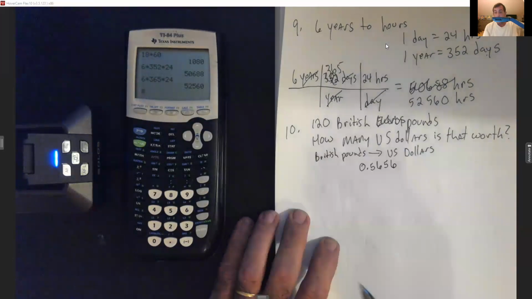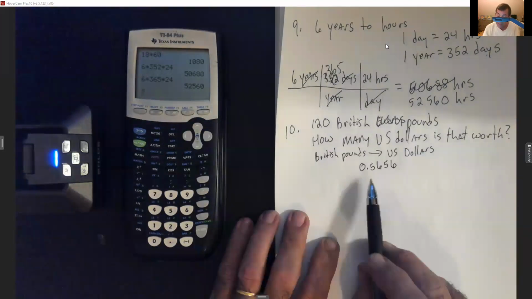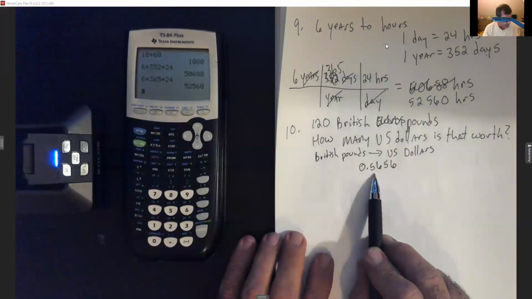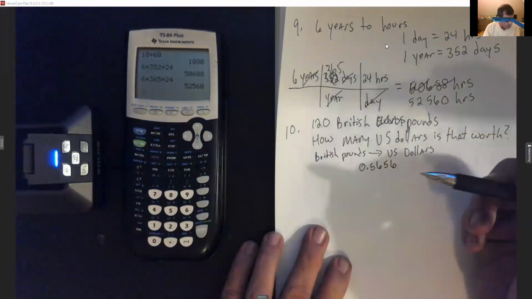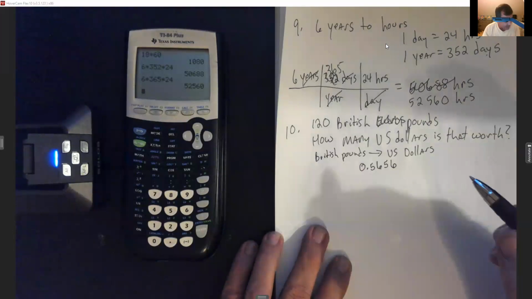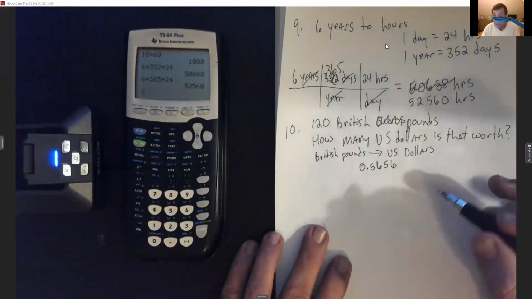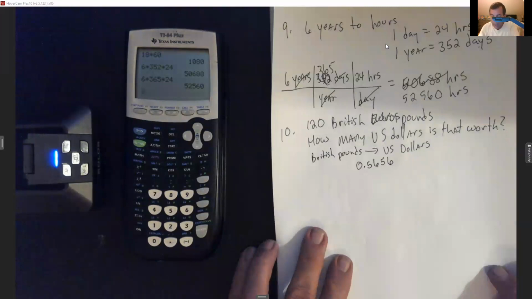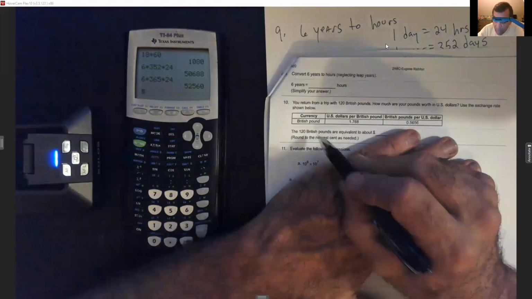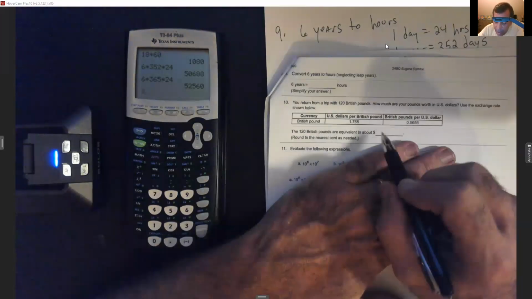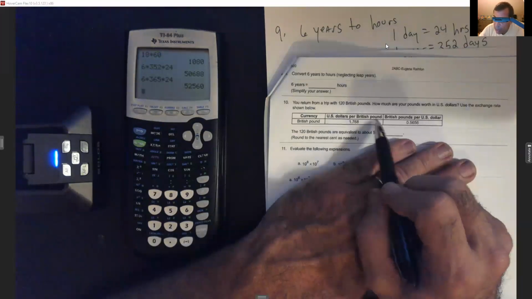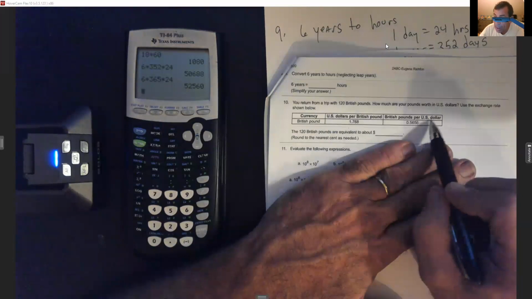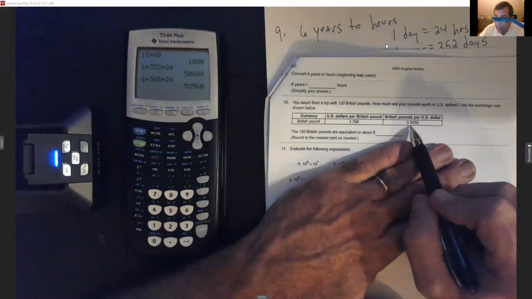So to go from pounds to dollars, you're going to multiply by 0.5656. Now, from dollars to pounds, their conversion would be 1.768, but we don't need to know that on this. In the homework, they give you a chart with both of them on here. It'll say British pound, US dollars per British pound, and British pounds per US dollar.